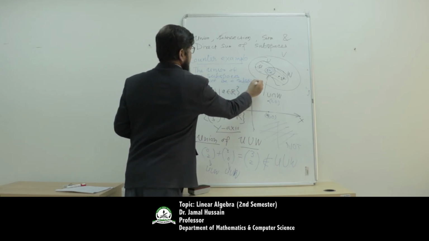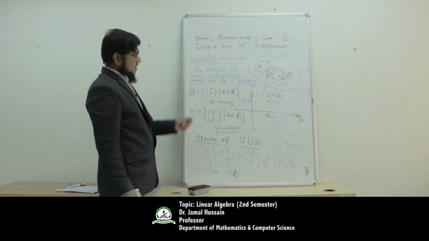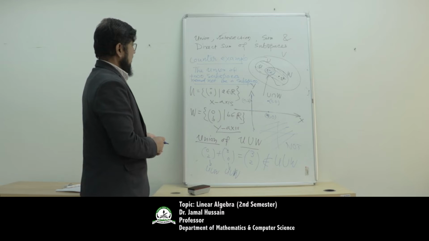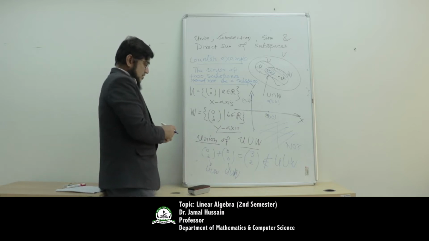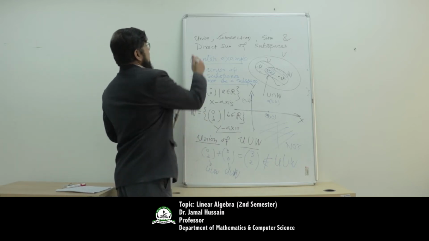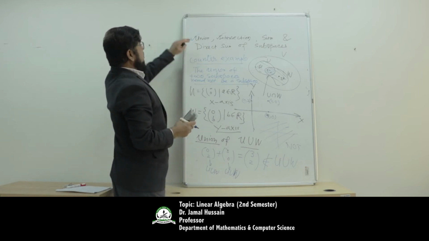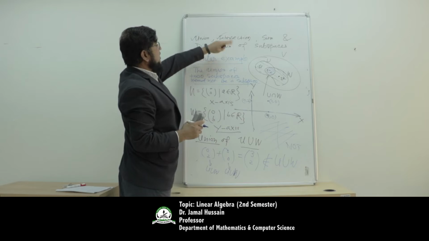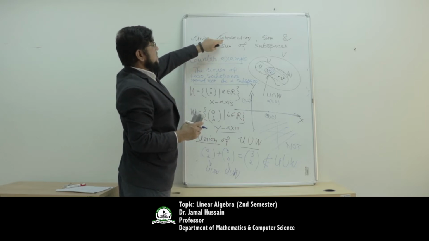And the proof is here. This counter example shows that it may not be a subspace. Okay, so this is about union. So union need not be a subspace, but the intersection of any number of subspaces is a subspace.